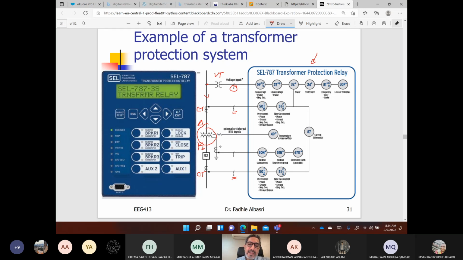In addition, I have a CT for the neutral, and we call it the neutral CT. As you can see, it is just a single CT. All of these are inputs to the relay so that it can take a correct decision and identify whether this is a normal or abnormal condition.